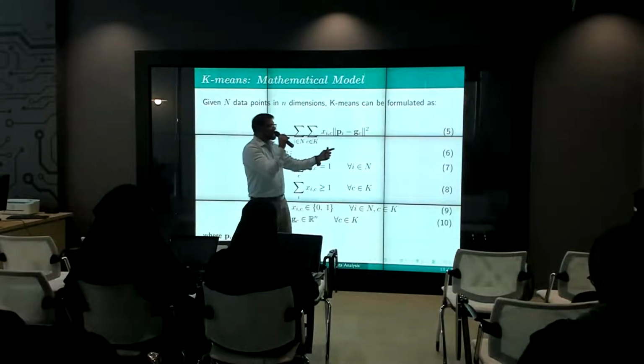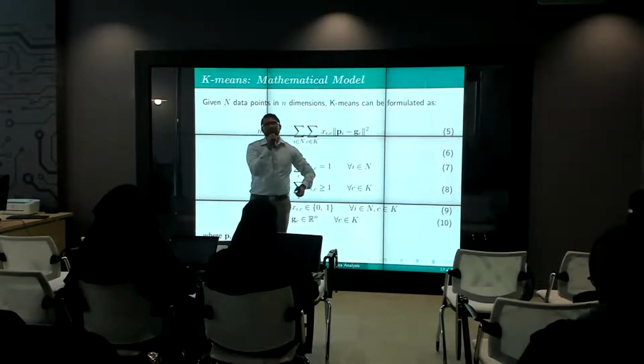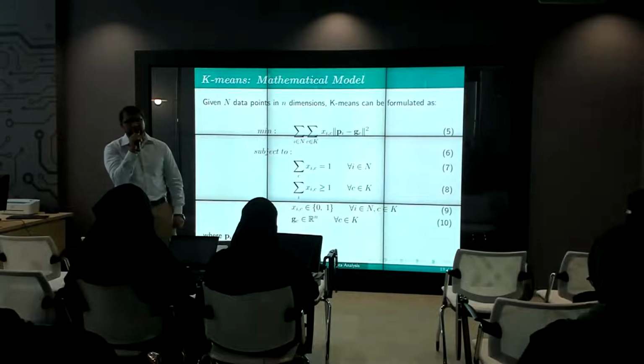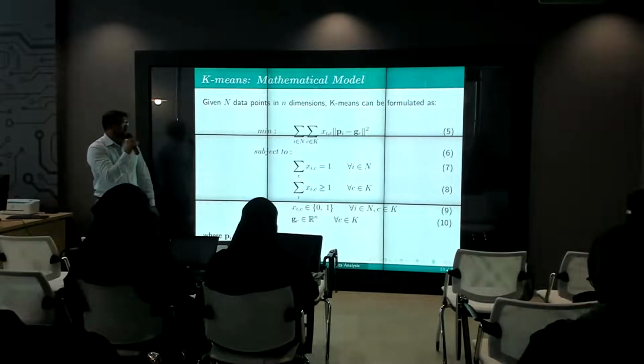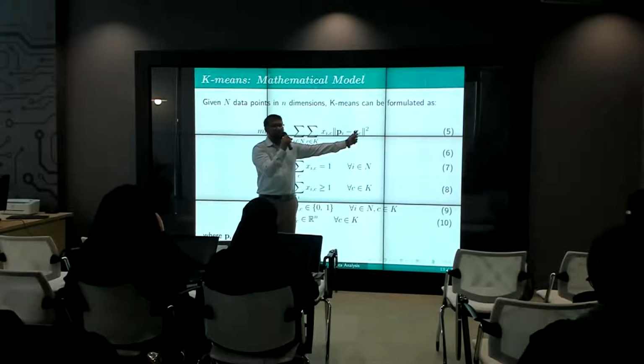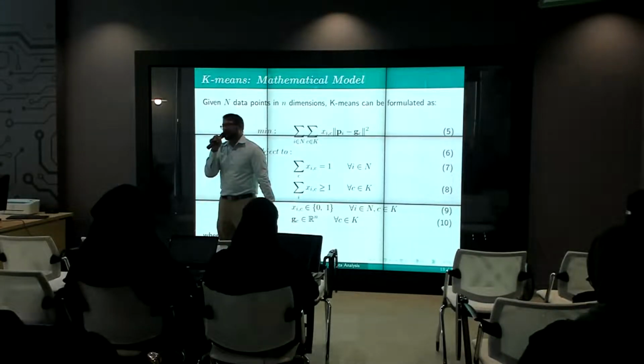Then you are saying that if a point belongs to the cluster, it should be closer to the cluster center. That's a very simple, very basic idea. Even high school teachers would immediately catch this: if the point belongs to the cluster, then it should be closer to the cluster center.